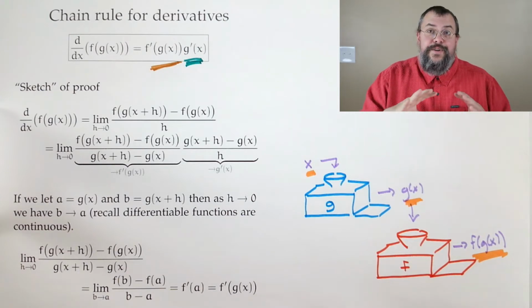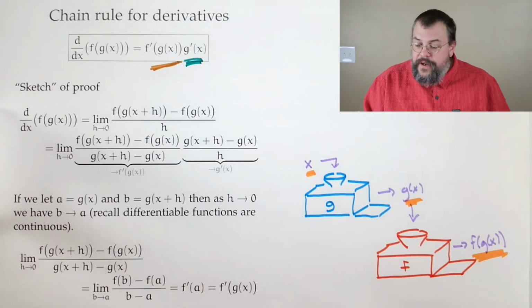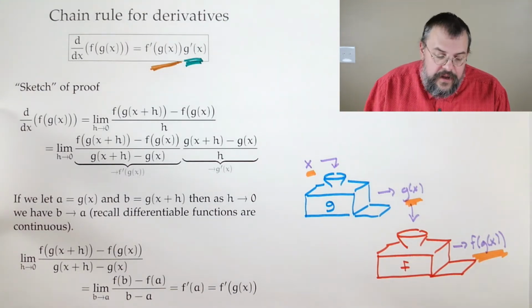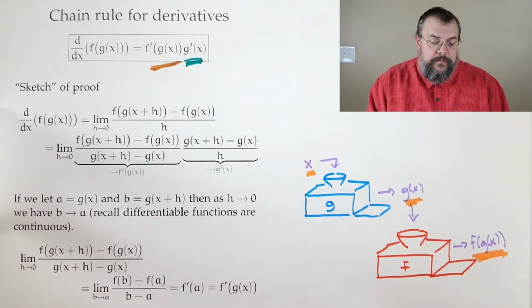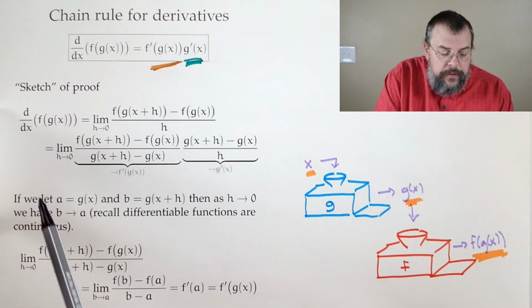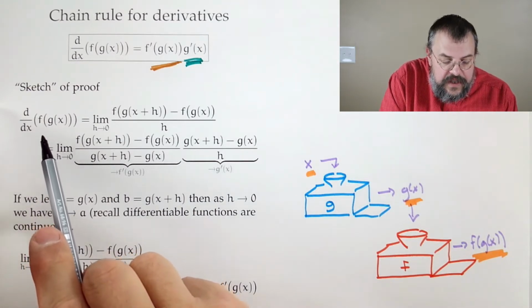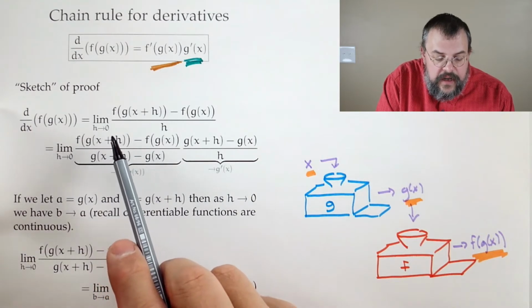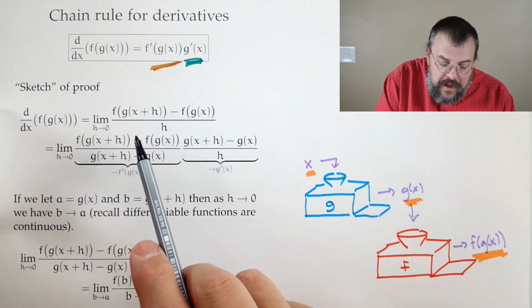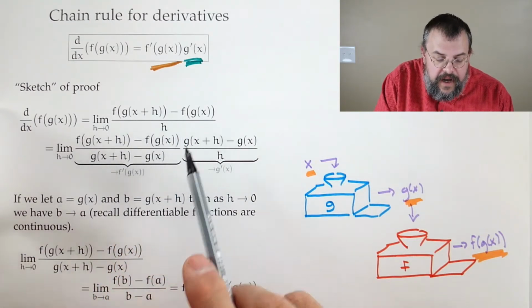Okay, so let's just do a quick sketch of the proof, because every rule that we have for derivatives comes from saying, all right, let's actually look and see what the limit says. So if I want to look at the derivative of f of g of x, that's the limit as h goes to 0 of f of g of x plus h minus f of g of x, right?